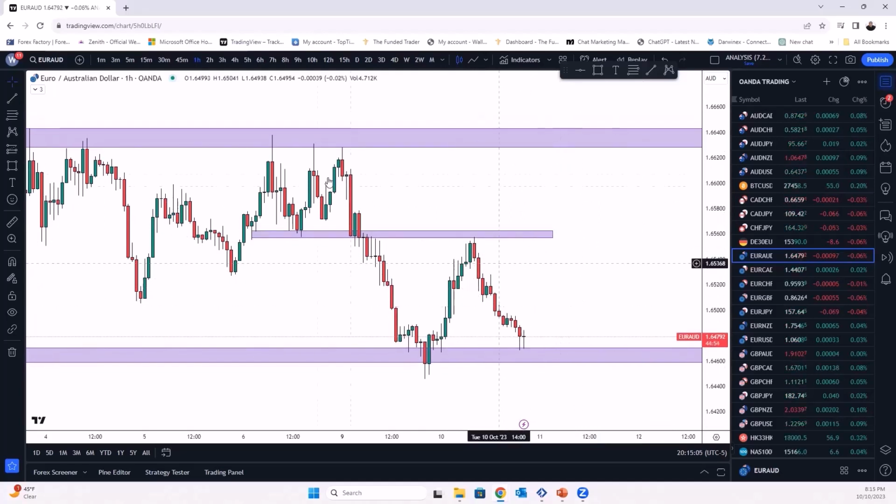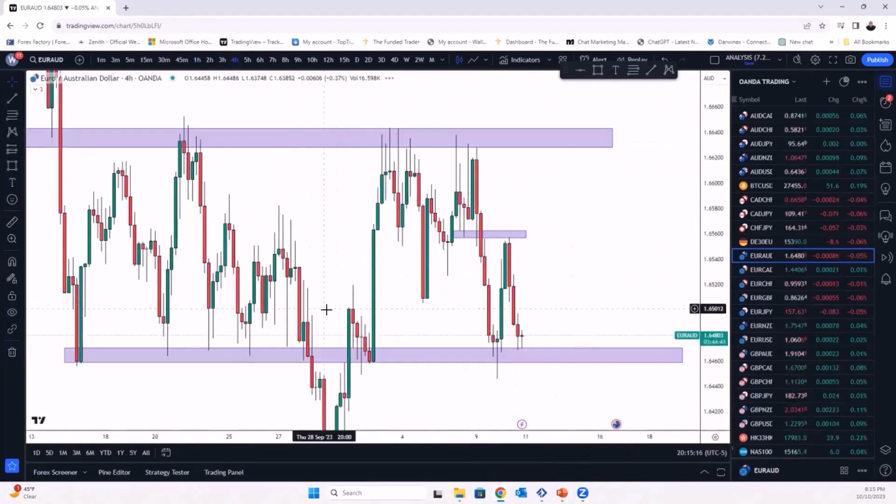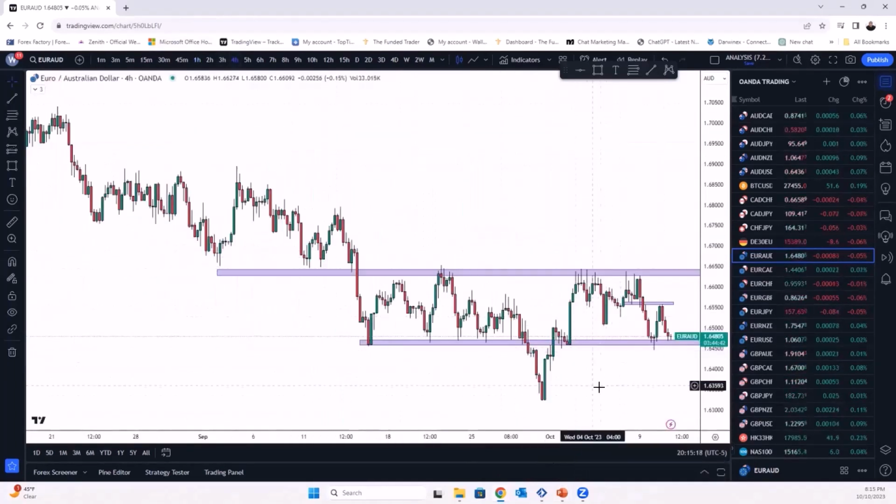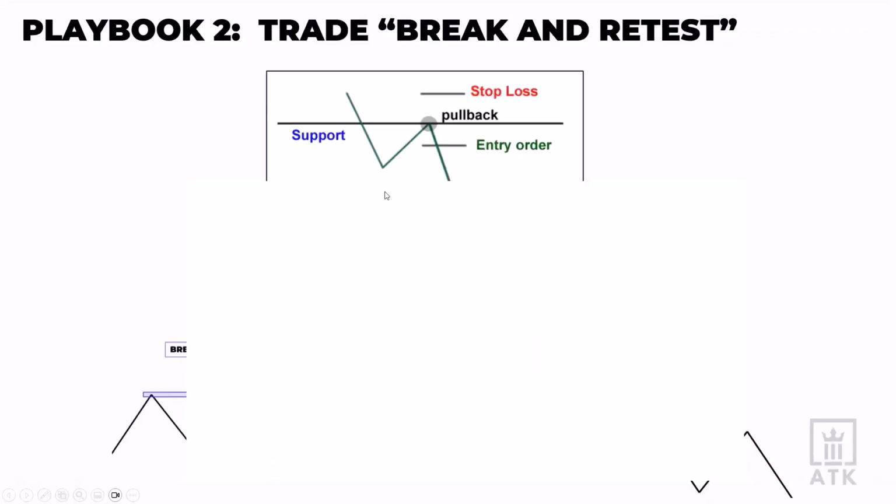So those are great. Break and retest is a great setup for us. We run this play when we see it, and we hunt for this play a lot on our morning calls because it is a trusted play for us.